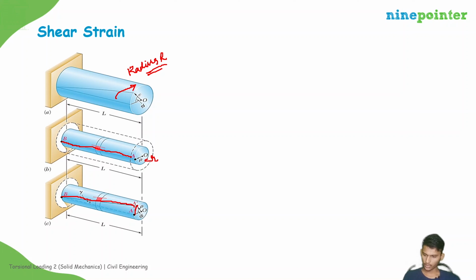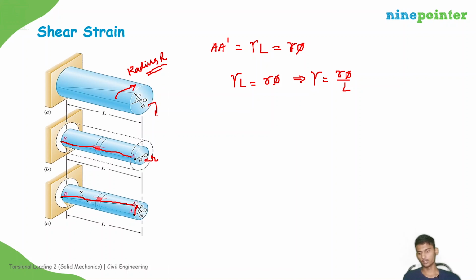Then if you consider AA dash, it will be equal to gamma into L, that will be equal to r into phi, right? So gamma into L is equal to r into phi, that will be gamma is equal to r into phi divided by L. What is phi? Phi is angle of twist.